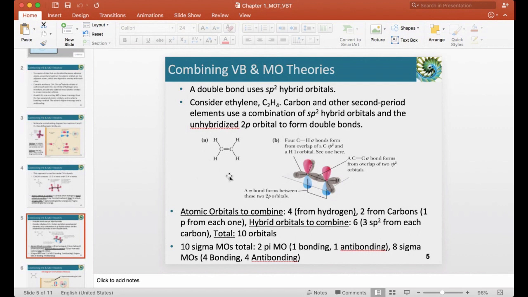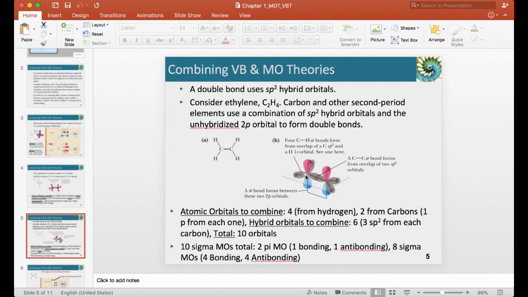Okay, so because there is a double bond, we know that whenever we have a double bond, one bond is sigma and the second one is pi. The pi bond must be through pure p orbitals. Okay, here is the pi bond. Therefore these two carbons will be sp2 hybridized.